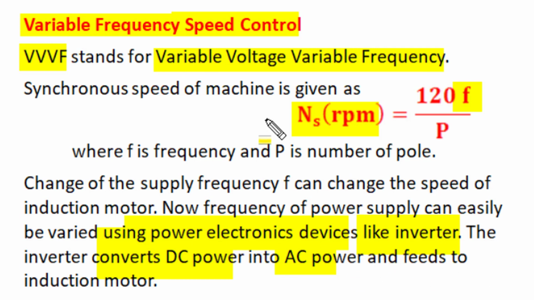And this variable voltage variable frequency supply, when given to the stator of an induction motor, lets us control the speed torque characteristic in such a way that the operating speed of the motor can be controlled to both the higher side of rated speed as well as the lower side of rated speed.